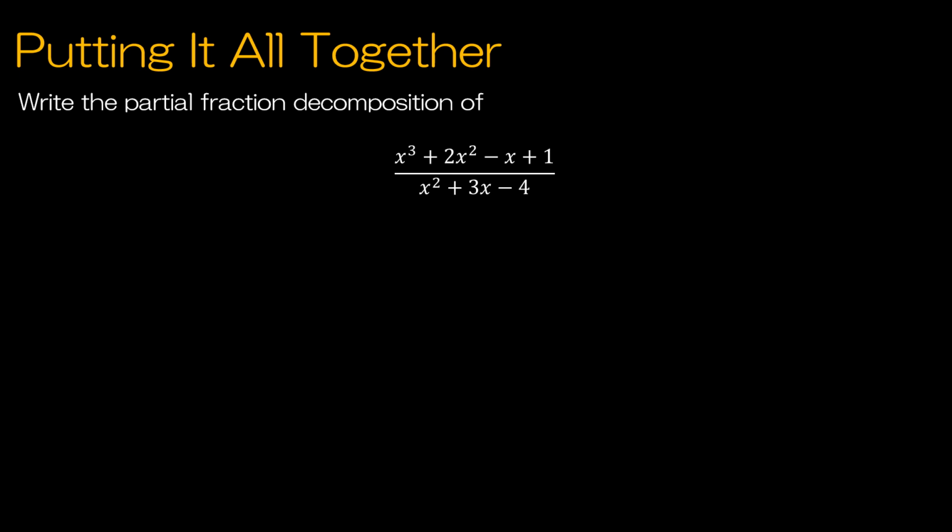So I'm going to divide x cubed plus 2x squared minus x plus 1 by x squared plus 3x minus 4. I'm going to look at the first terms and say, if I took x cubed divided by x squared, what would I get? I would just get 1x.